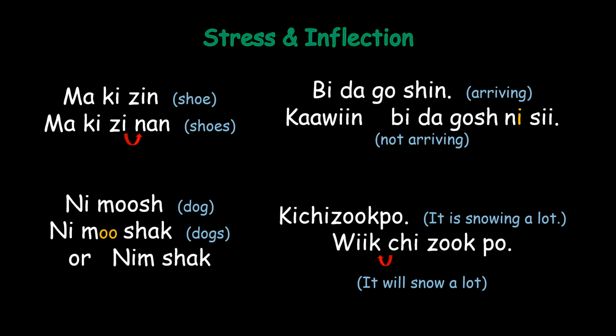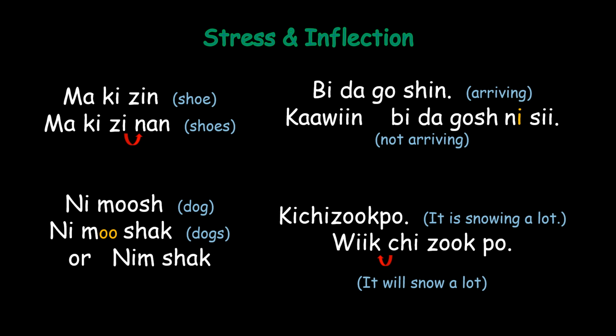Nimosh is a dog. When we change dog to dogs, and we add the ak suffix to the end to make it plural, it becomes Nimoshuk. And when that happens, the double O vowel sound is weakened, and it could be said as Nimshuk. Nimosh, dog, becomes Nimshuk, dogs.